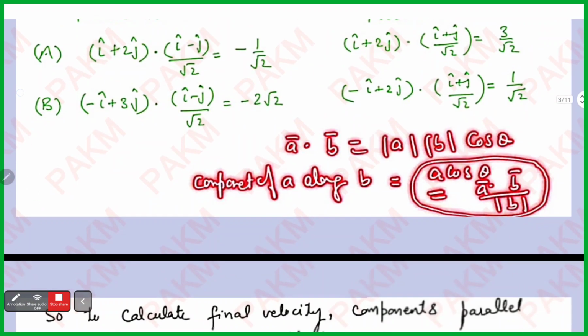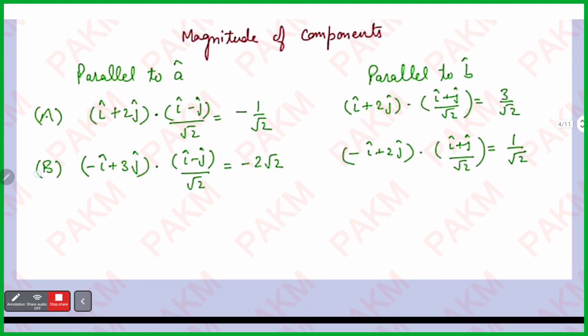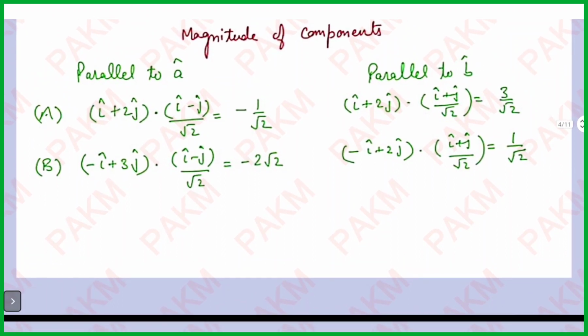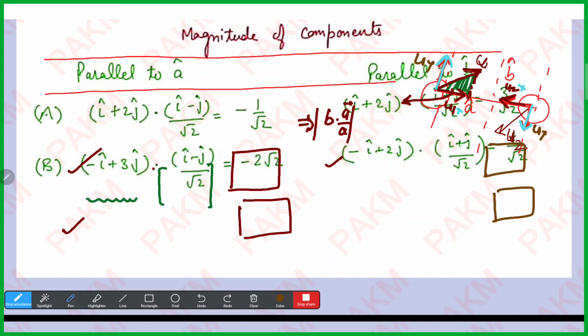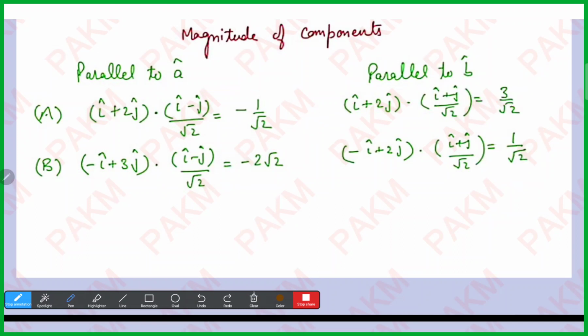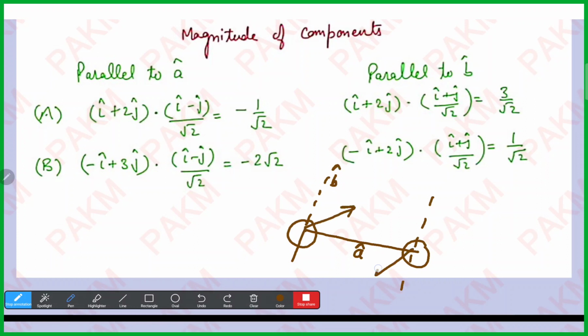So let me show it to you once again with respect to the diagram. Let's say these are the two vectors, with the impact line denoted by a cap. Let's say this is a vector that is perpendicular to it, vector v cap, and this is the velocity vector respectively.